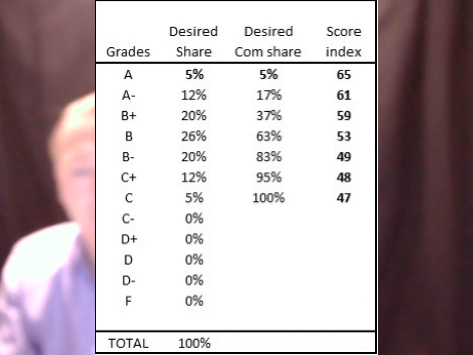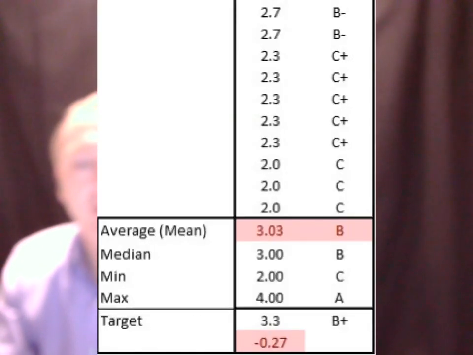Here you can just see the different score indexes that we need to have when we assign the different grade points to the students, and that's what I've done here on the right side. If we look at the average here, you can see the average also calculates to a B. However, this is not a B plus, so this cannot be used for hitting B plus if that's what we want to do.